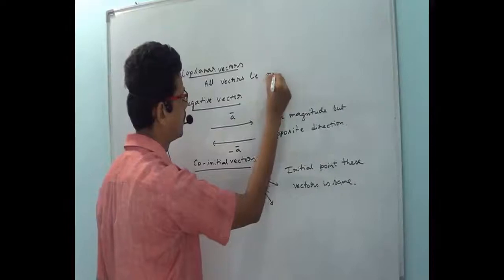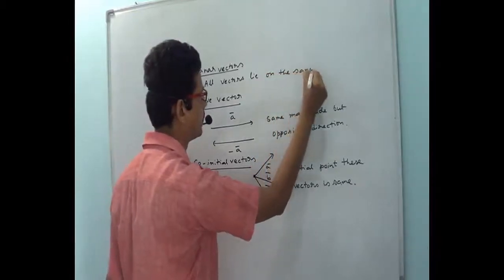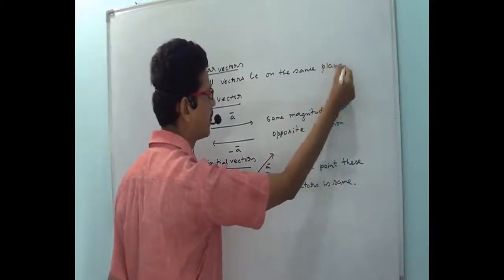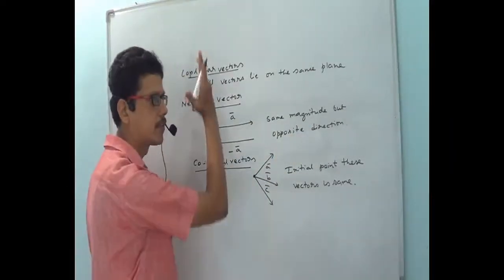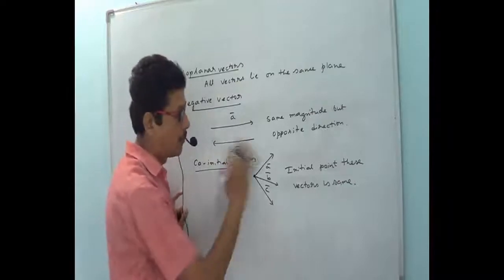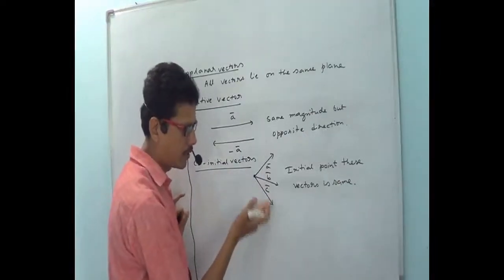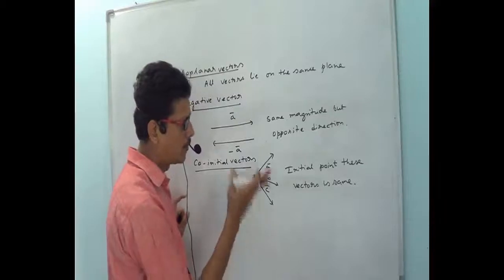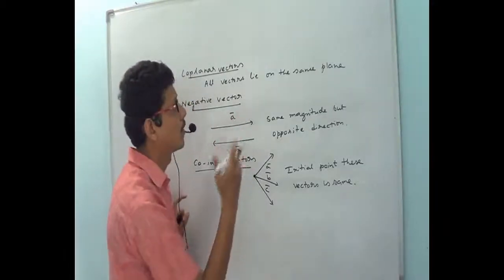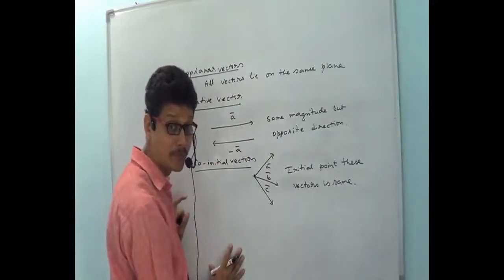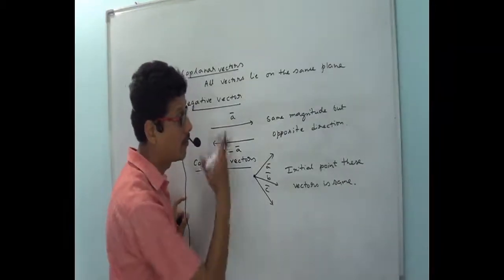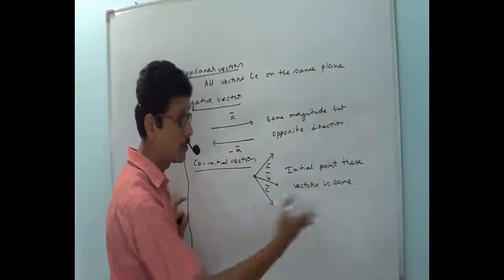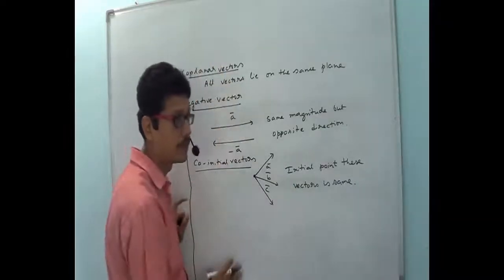Whether it is the xy plane, if this is the board and we suppose this is the x-axis and this is the y-axis, and if I write the vectors like this, they are lying in the same plane. If they are lying in the same plane, then they are called coplanar vectors, in the xy plane. All these vectors are in the xy plane. I am thinking this has x-axis and this has y-axis.